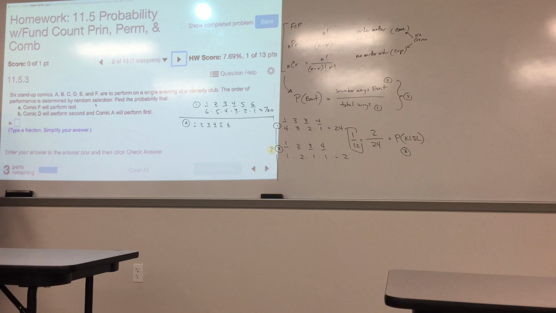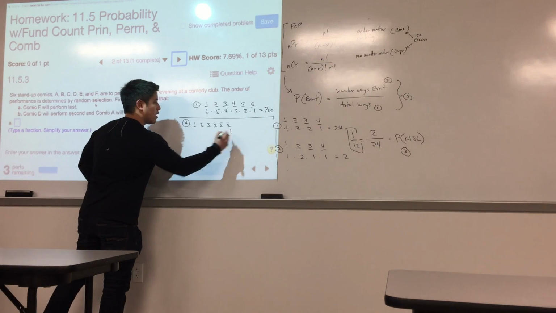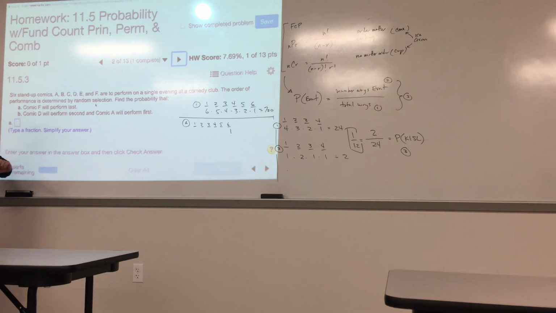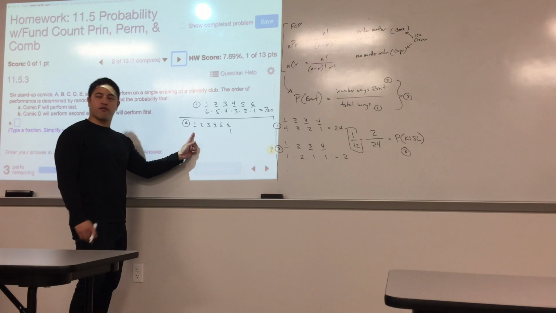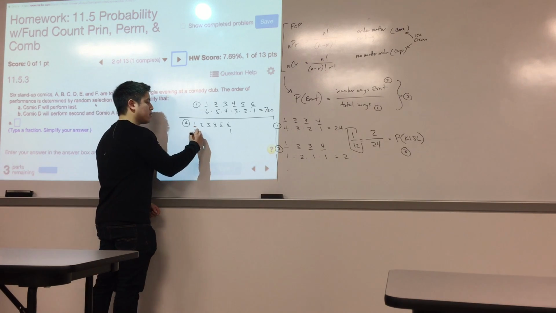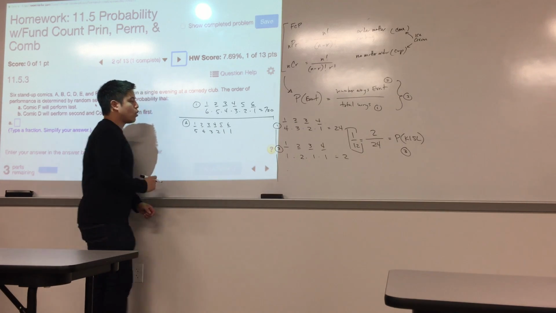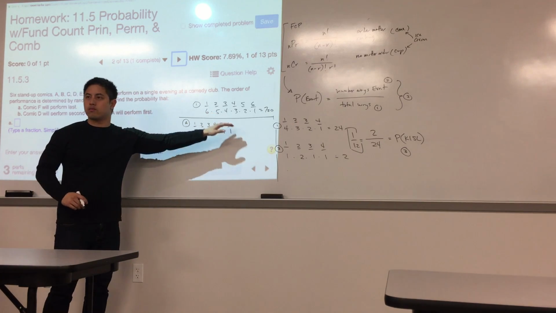One's taken. Which one is taken? The last one, position 6. If position 6 is taken, and that's all they say, comic F will perform last, how many do we have for position 1? 5. Then 4, 3, 2, and 1.